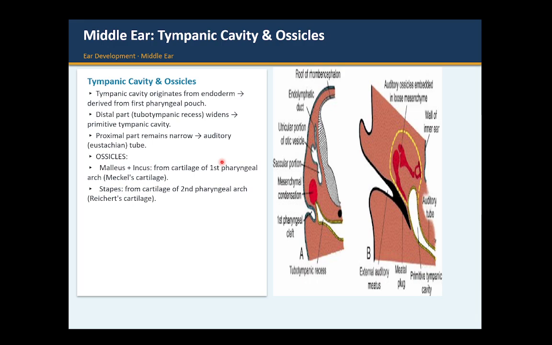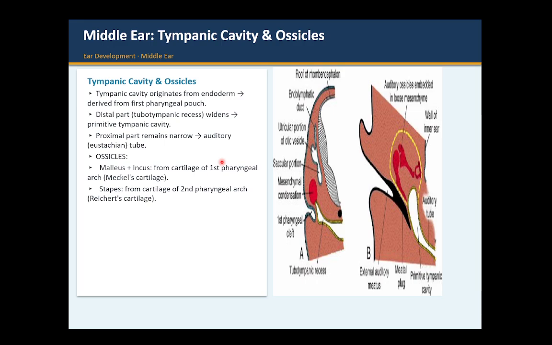Because the first pouch is between the first and second arch, the malleus and incus come from the mesoderm of the first arch, and the stapes comes from the mesoderm of the second arch. So the three bones you get are the malleus and incus from the first arch mesoderm, and the stapes from the second arch mesoderm.